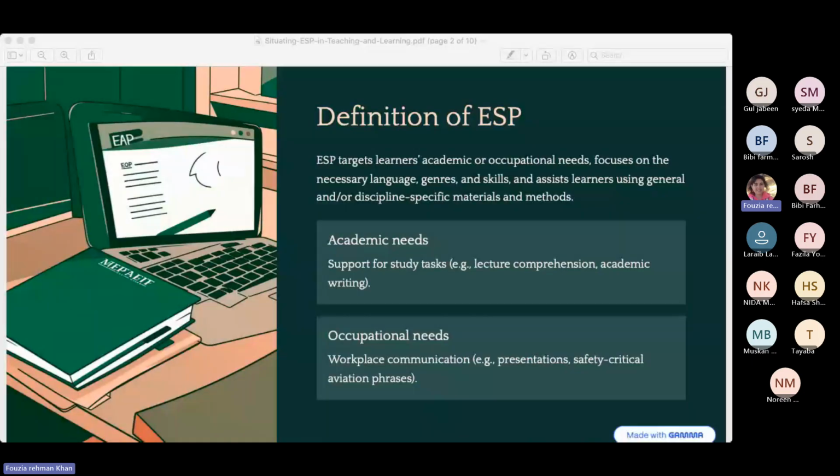Where is the sixth semester? Quickly, guys, so that we can move forward.